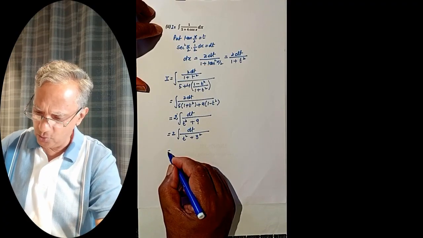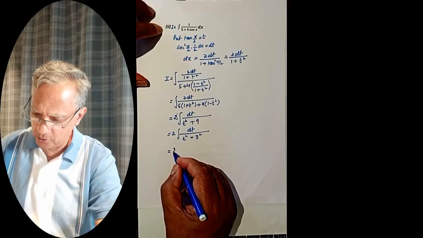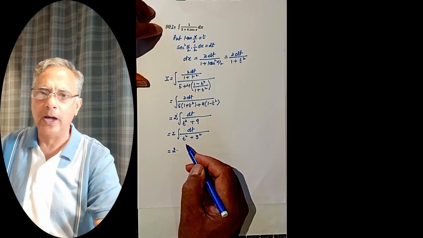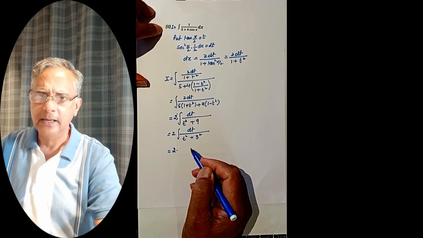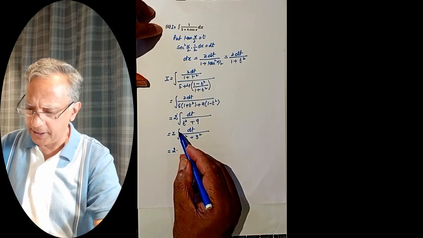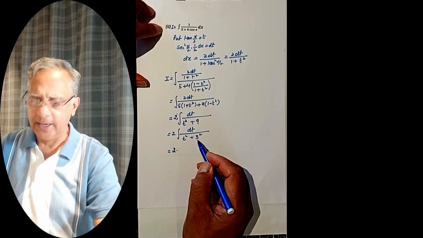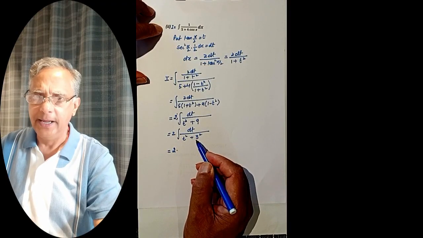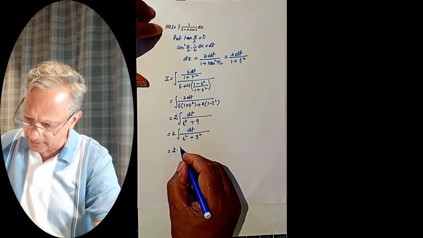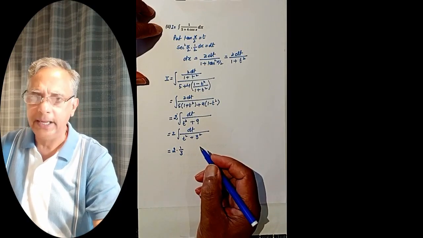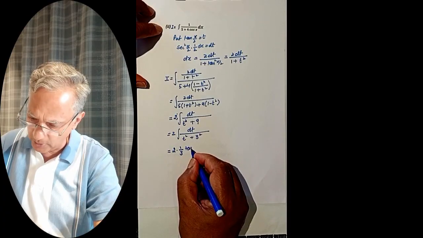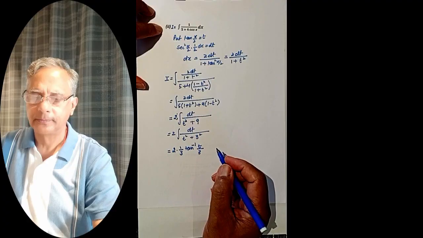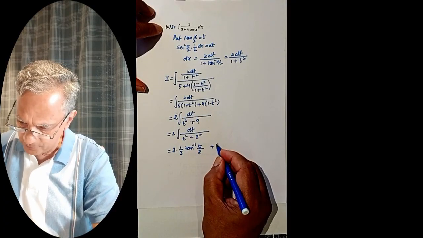So this is equal to 2 into, now integration of dt over t square plus a square is 1 by a tan inverse t by a. Integration of dx over x square plus a square is 1 by a tan inverse x by a. So 1 by a is 1 by 3 tan inverse t by 3 plus c.